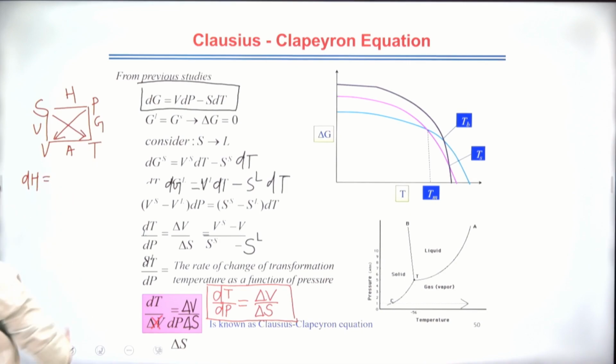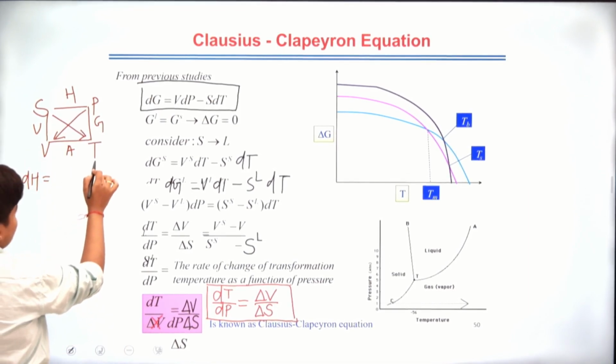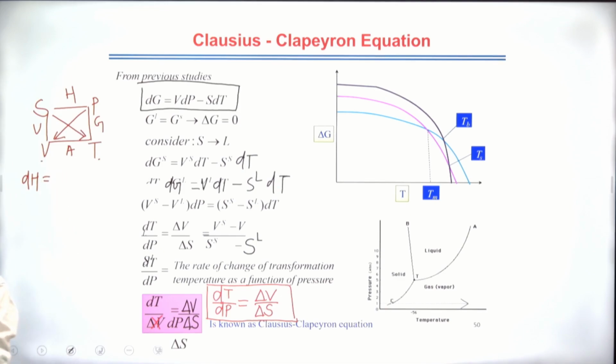So for the four faces there are four energy terms, H, G, A, U. For H, always remember to derive the equation by taking the opposite corners. Opposite corners, two terms: temperature and volume. These two quantities remain as they are, temperature and volume.